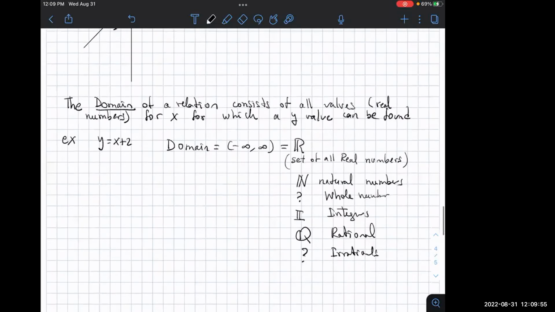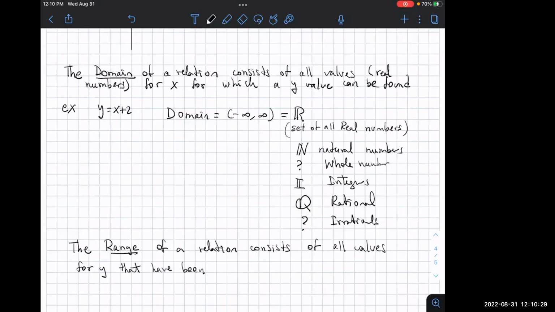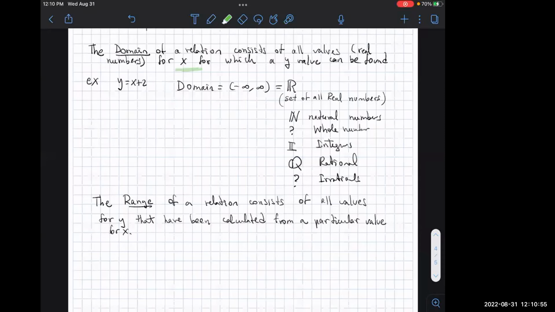Any other questions? The range. So the domain are the values for X, the range are the values for Y. The range consists of all values for Y that have been calculated from a particular value for X. So in the domain, you look at all the values for X for which you can find a Y value.